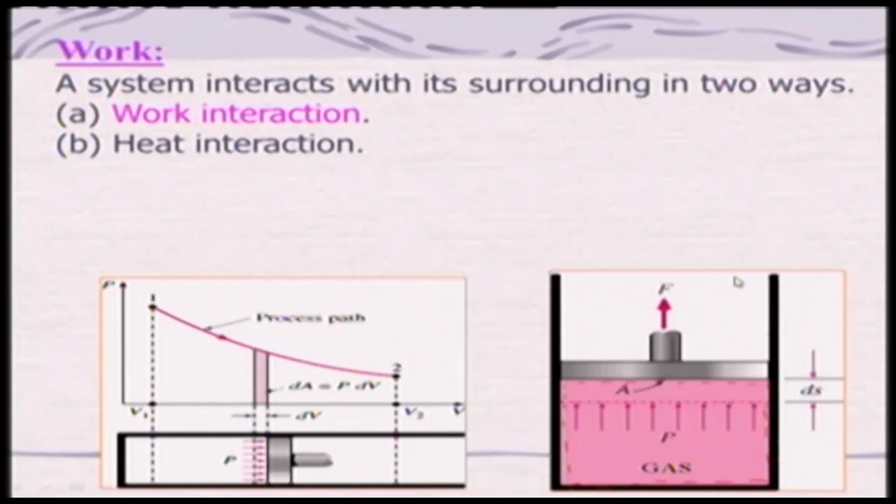As a result, you are at state 1 here, and as you go on decreasing the force, there will be an increase in the volume of the gas in the system, and it will reach a steady state, state 2.